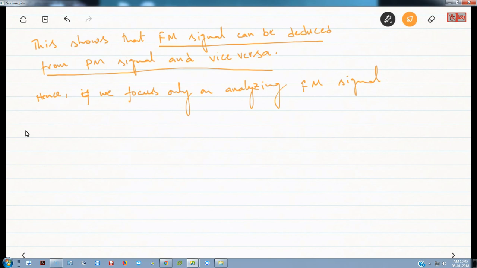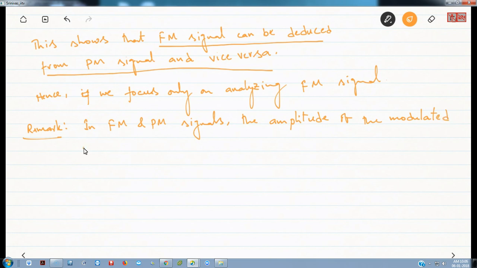And another important remark is this. In FM and PM signals, the amplitude of the modulated wave remains constant.